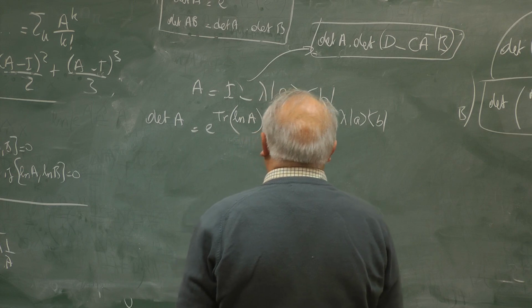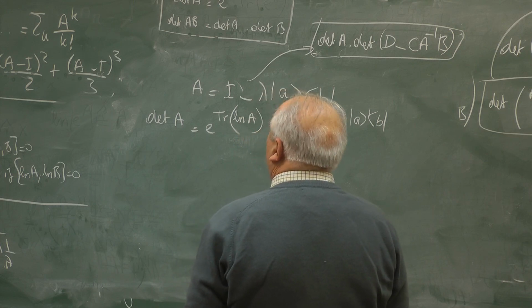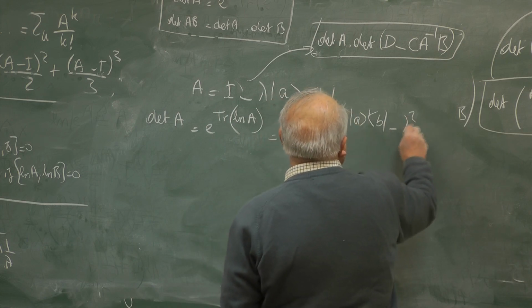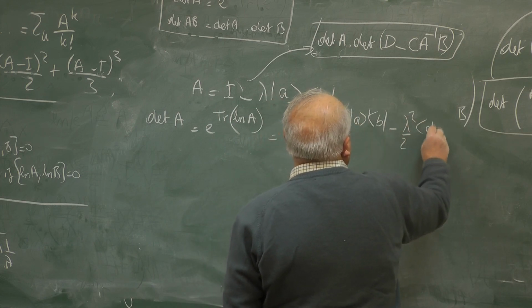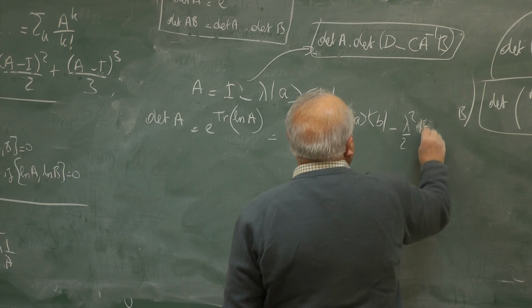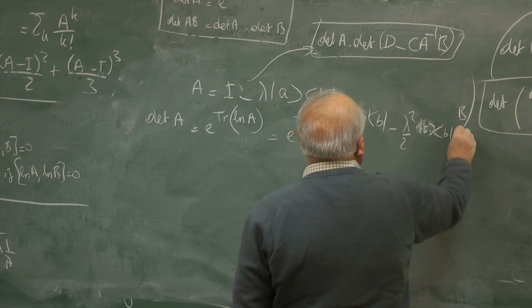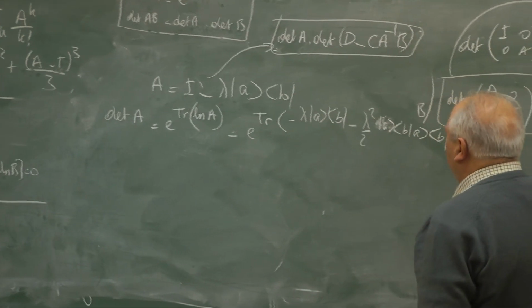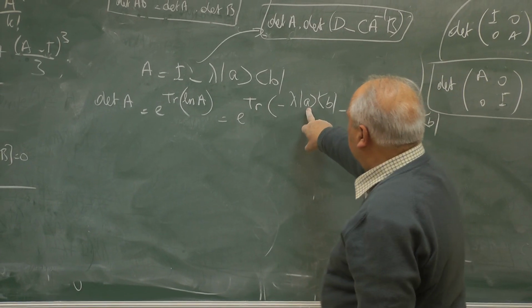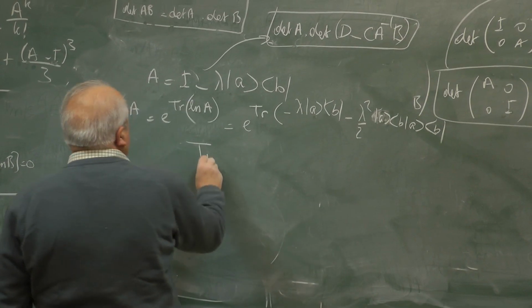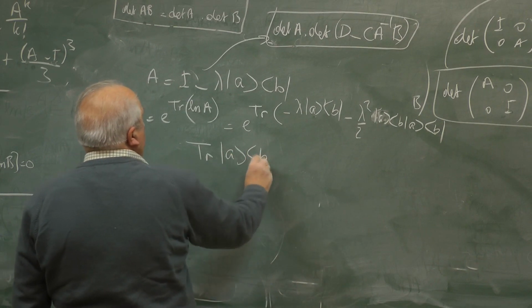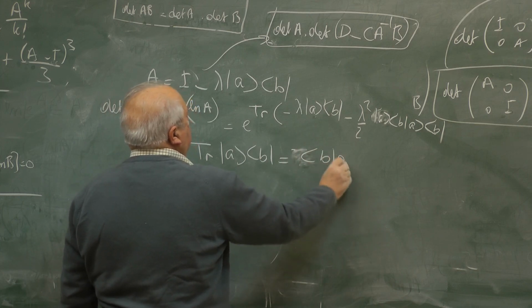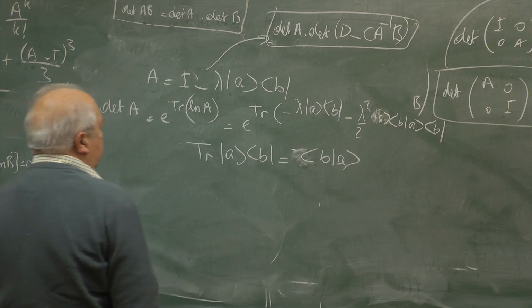That's the first part. Then the square of it, coming with a minus sign, minus lambda square over 2, ABAB, because we are taking the square. And when you take the trace, let us remember, trace AB is simply BA, a complex number.